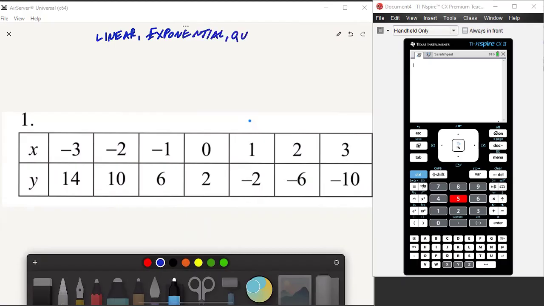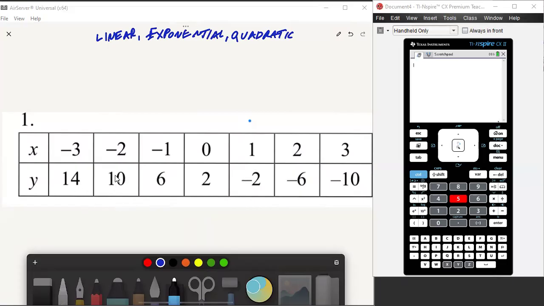So I'm going to look at three different tables and I'm going to show you how to determine if it's linear, exponential, or quadratic. Now, the key idea is that you're going to be subtracting the y values from each other. And if the difference is the same for all of the y values, then it's going to be linear. So let me show you that.